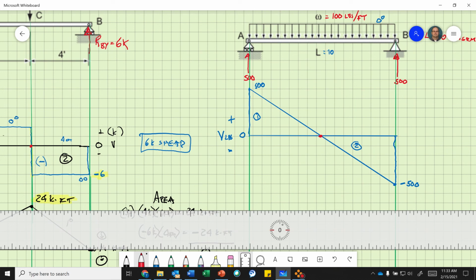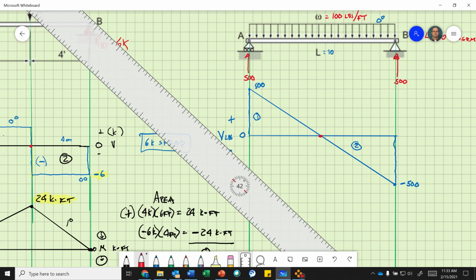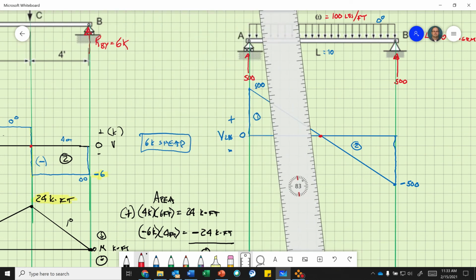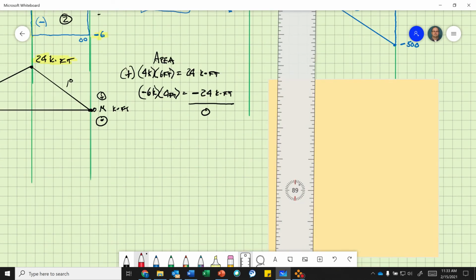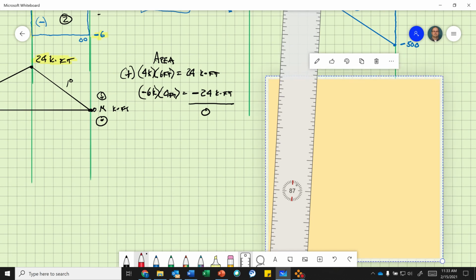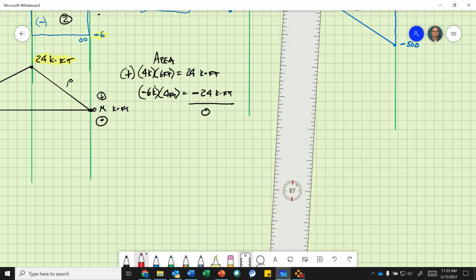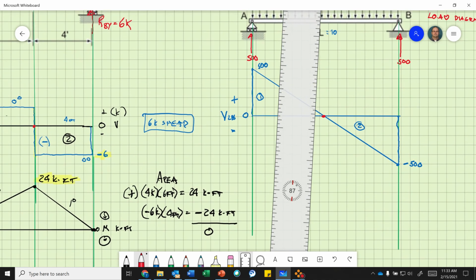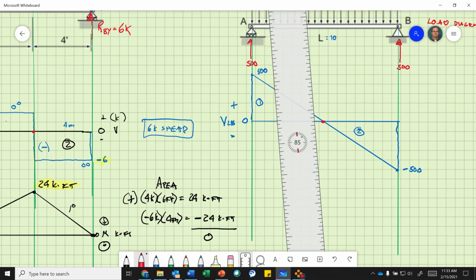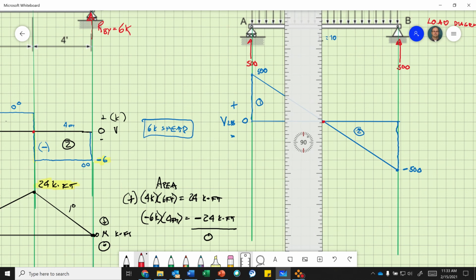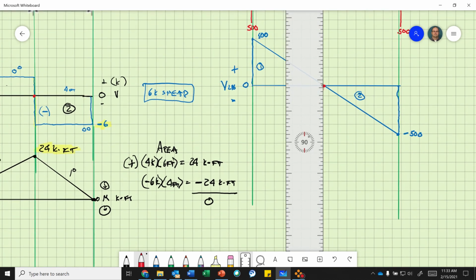Now, if we look here, we have a point of 0 shear. It crosses 0. So how do we find that? Okay, we know that actual answer. Remember, I need to transfer a point of 0 shear down.